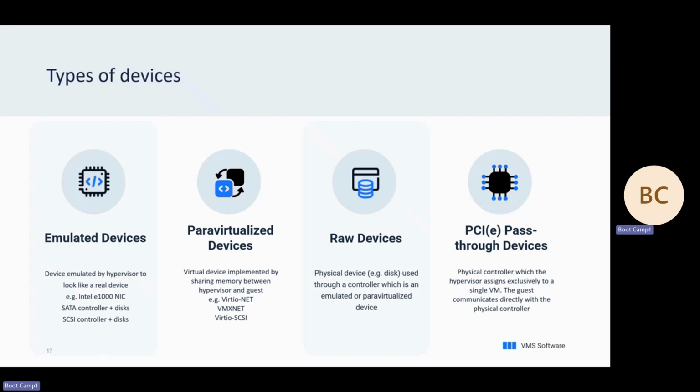Hypervisors also provide para-virtualized devices. These are things like VirtIO-Net on KVM, VMXNet on ESXi, and VirtIO SCSI. If you look at an emulated device, it exposes the same kind of register set that a real device has.